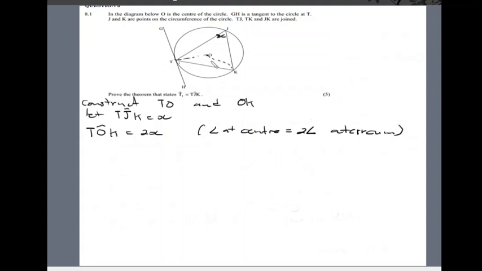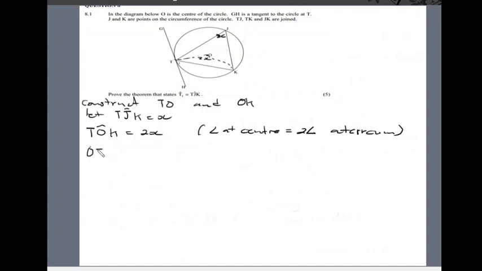So now I have 2x there, right? And then I also have that angle OTK is equal to angle OKT, right? Because they are opposite equal sides.